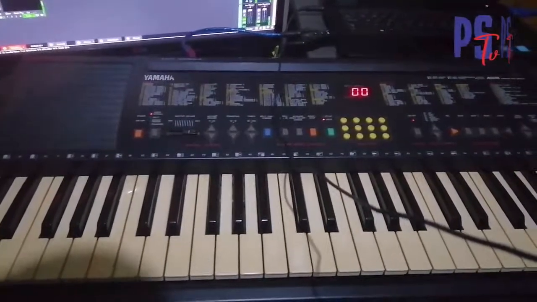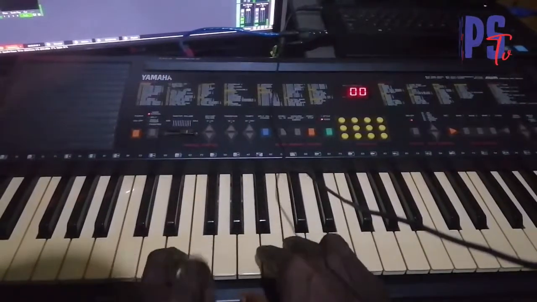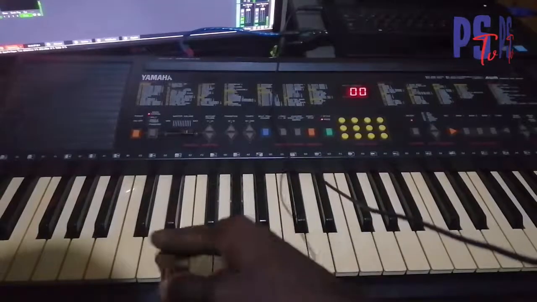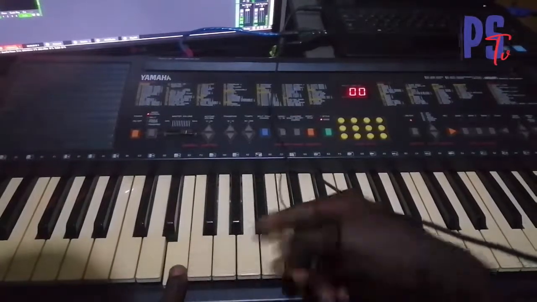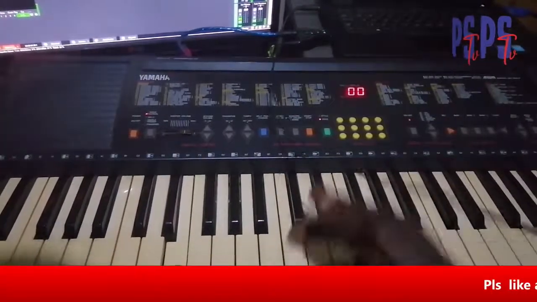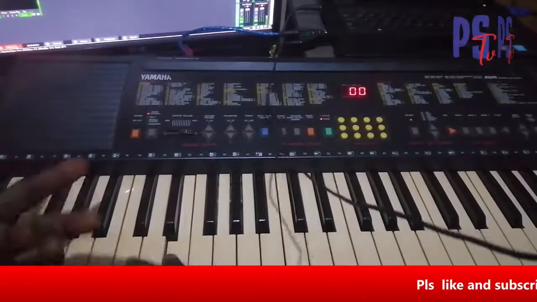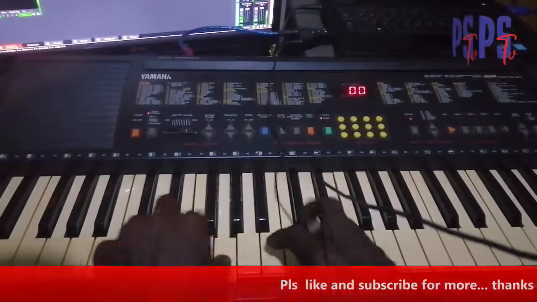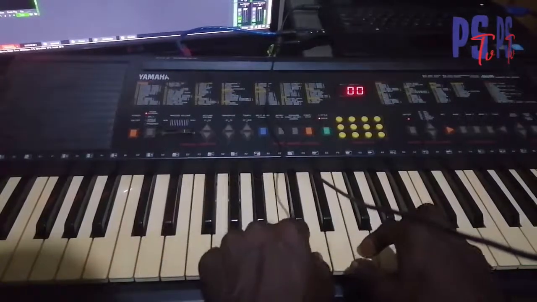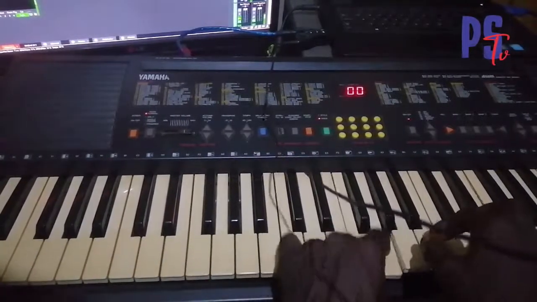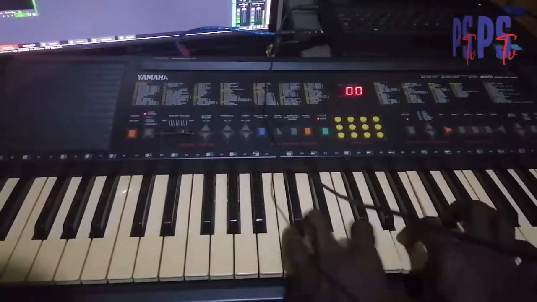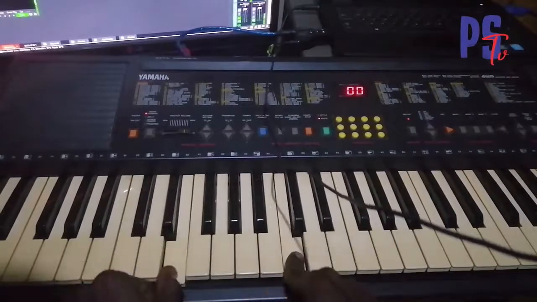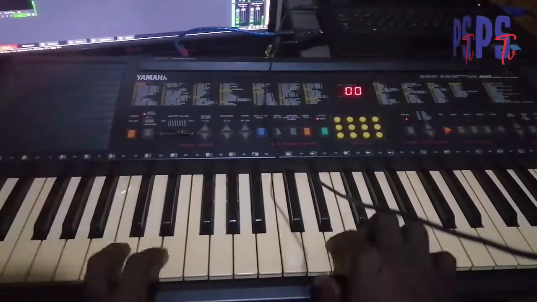Let's put it on the bass on the left, then you have the melody. Most times the upper key is the melody of the note, and it's also the root note. We put the root at the top. Now this sounds more interesting than the one we played earlier.